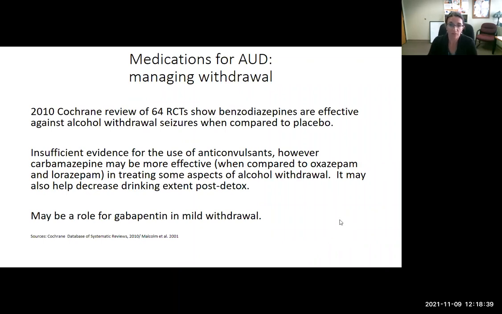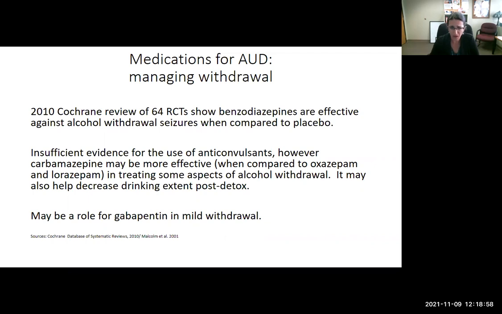So in terms of these medications for withdrawal, again, you can see there's a lot of evidence as far as the benzodiazepines for prevention of withdrawal seizure when compared to placebo. We see this in the 2010 Cochrane review of 64 RCTs. There's insufficient evidence for the use of anticonvulsants.